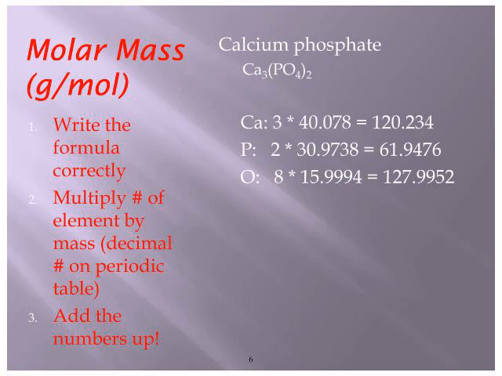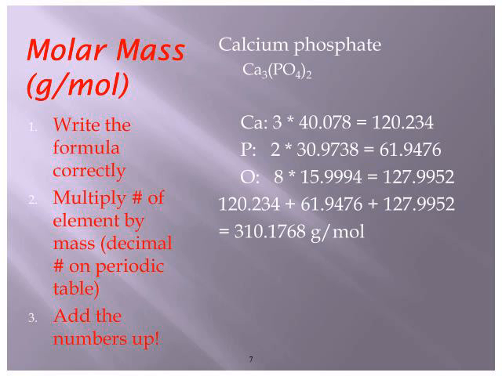So we're going to multiply. We've got 3 calciums, 2 phosphoruses, and 8 oxygens. We've multiplied each of those, then we're going to add these numbers up. And so we find out that the molar mass of calcium phosphate is 310.1768 grams per mole.